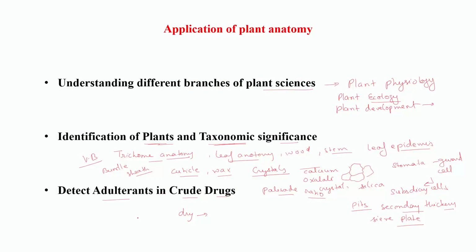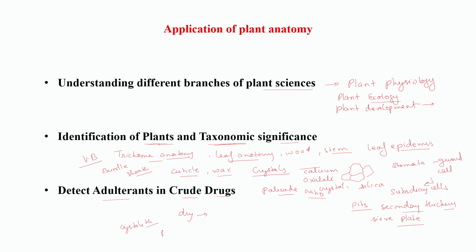So one thing is that you can identify the anatomical structures. In powdered form, or in crude form, when the plant is completely dried, some of the anatomical structures are still present. Suppose a cystolith is there, which contains crystals, they are preserved.